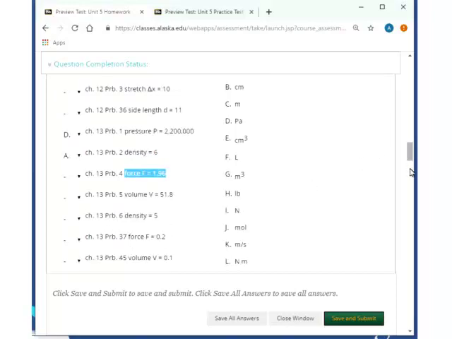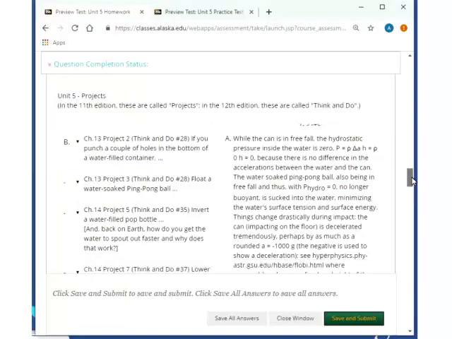That's the idea. All right, these here are think and do problems from the book. So in the 11th edition, these are called projects. In the 12th edition, these are called think and do, but they're the same. And then there are very long explanations that I wrote in here.